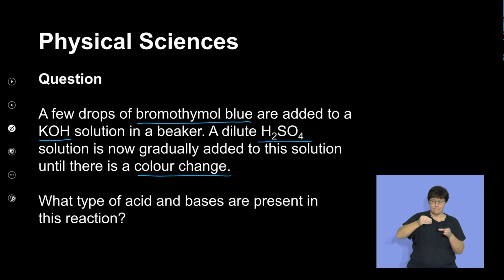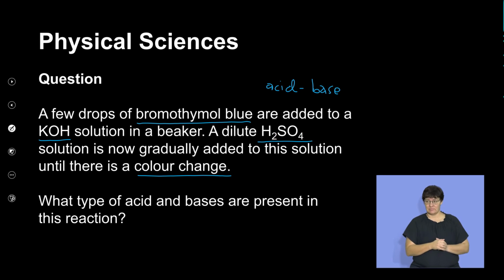So in trying to unpack this problem, we understand that the reaction is between potassium hydroxide, which is a base, and a dilute sulfuric acid solution, which is an acid. So typically, in terms of the type of reaction, this is an acid-base reaction. If we have an acid and a base, what do we expect to get from this reaction? We're getting a salt and water.